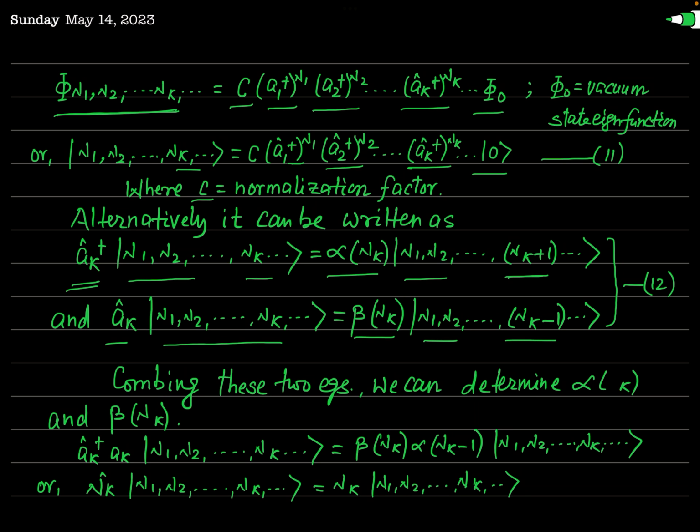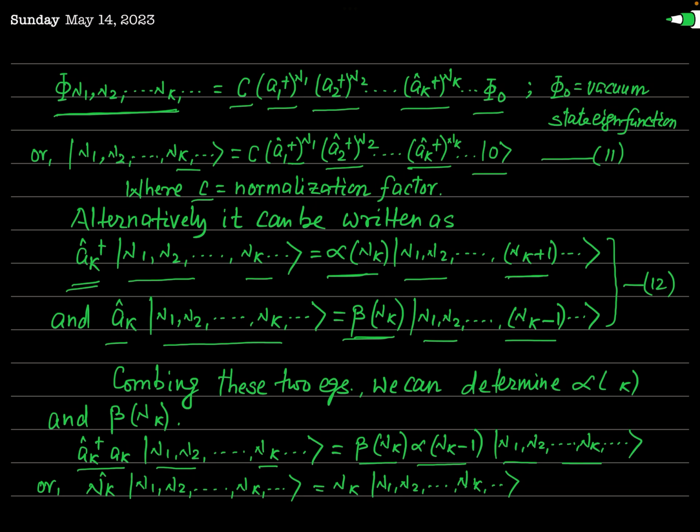Actually, this alpha of nk and beta of nk can be obtained by combining these two equations. When we combine these two equations, you can write ak dagger ak operated on n1, n2, so on, nk, and that will be equal to beta of nk times alpha of nk minus 1 and ket n1, n2, so on, nk.